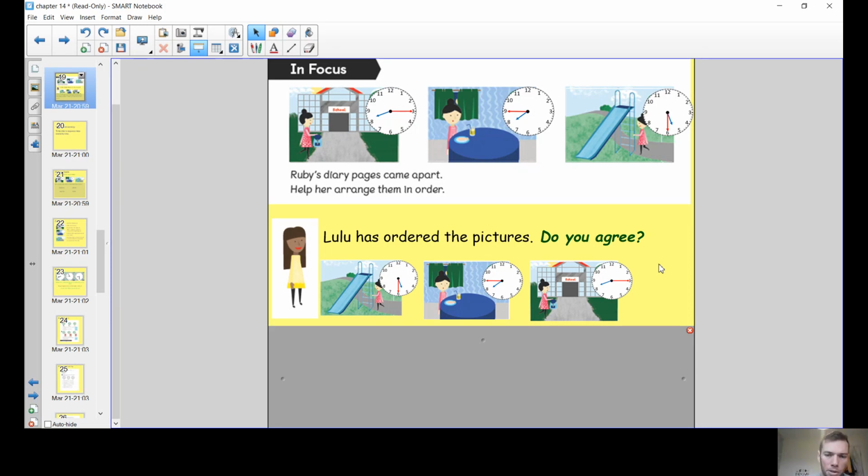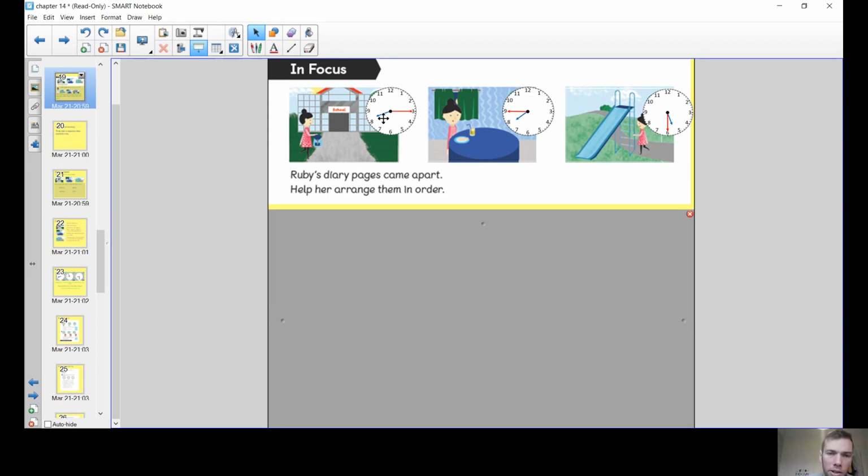So, looking at our pictures, I'm going to look back at my hour, so I can see this is going just past the 8. But how far past? Well, I can see it's quarter past 8. Now, as we did yesterday, I can see that this minute hand is pointing at the quarter to, the number 9.